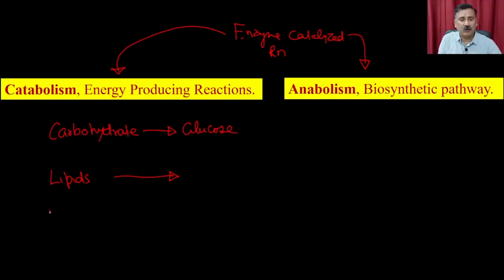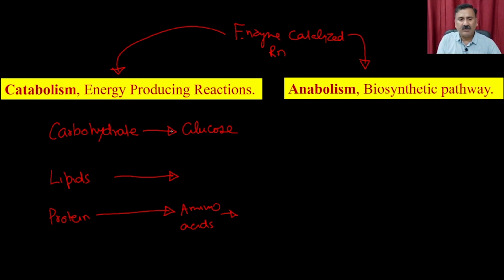When there are starvation conditions, the proteins are also utilized under the catabolic reactions. So proteins are converted into amino acids, and these amino acids are then utilized for energy production. But that is very rare, in those conditions when the person is going through starvation.